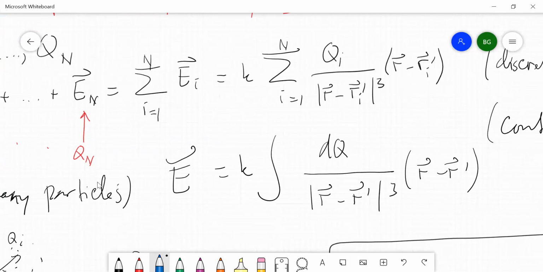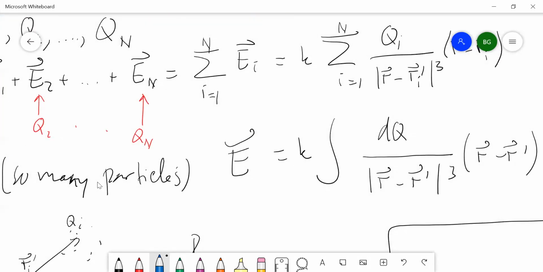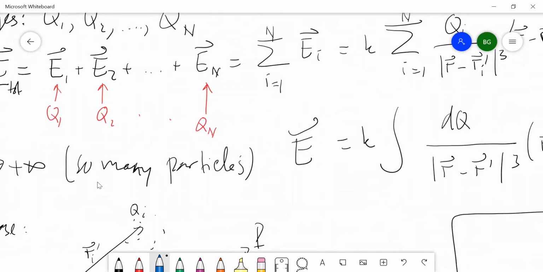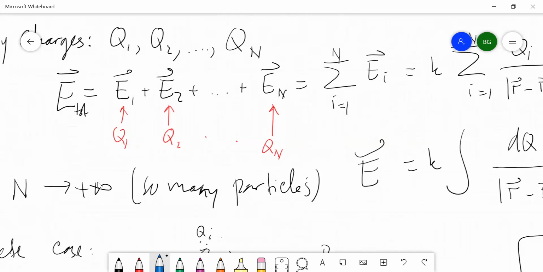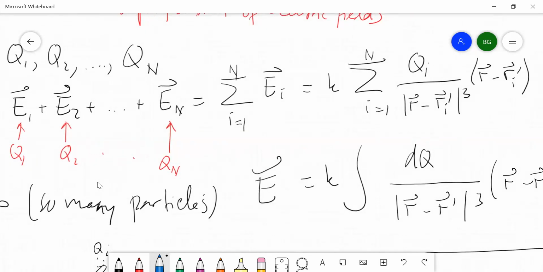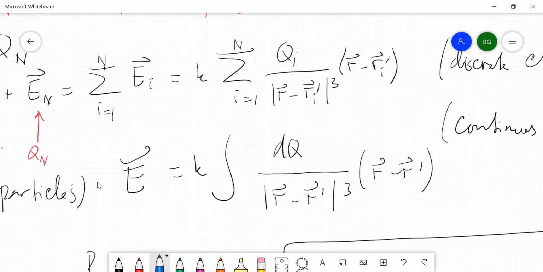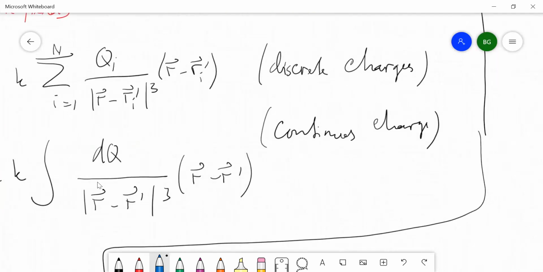So if there are so many particles, it means that this capital N goes to infinity. The summation above we could replace by the integral. That's why this is for continuous charges.